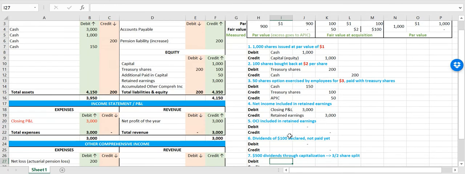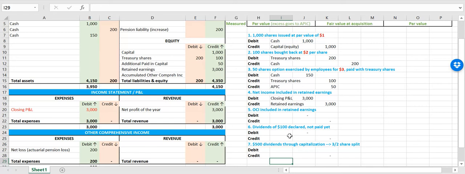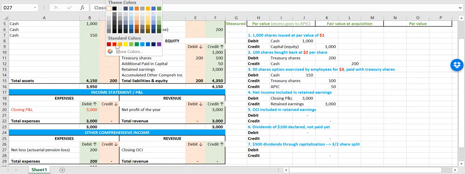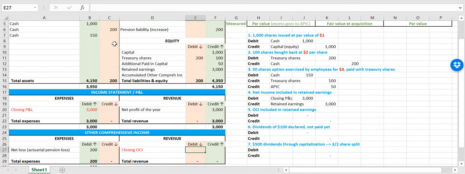Now we see here other comprehensive income. What on earth is this? This is actually just a second income statement. It's a special income statement. I'm not gonna spend too much time explaining it, but the important thing to know is that very specific limited transactions are being recorded in other comprehensive income. Apart from that, it's exactly the same as the normal income statement.